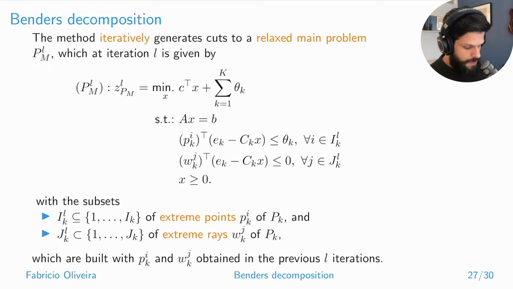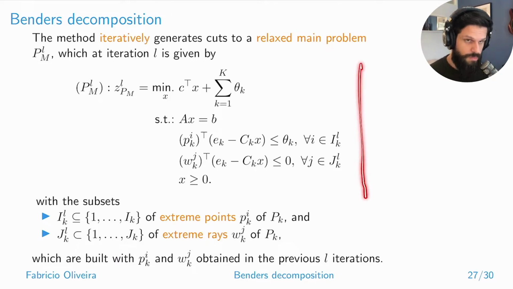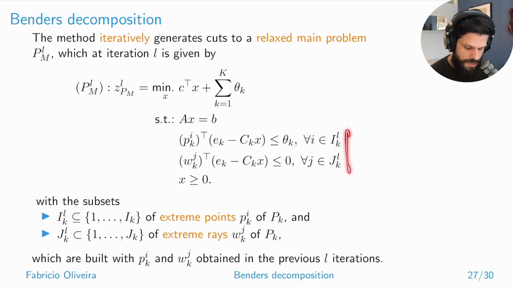So we're going to iteratively generate these cuts on this now-called relaxed main problem, which I now call PM again, because that's actually the main problem we're going to be solving. It has this identification of iteration L, and basically what it's doing is solving a version of the previous problem PR with a subset of constraints.